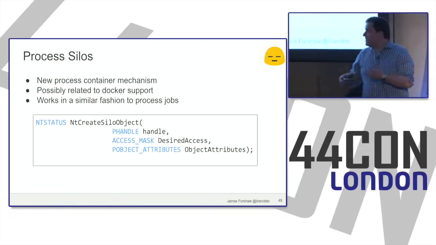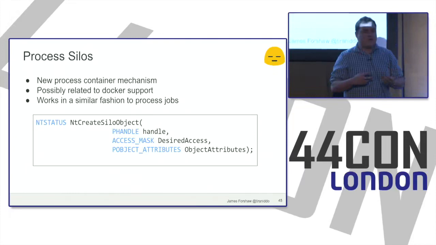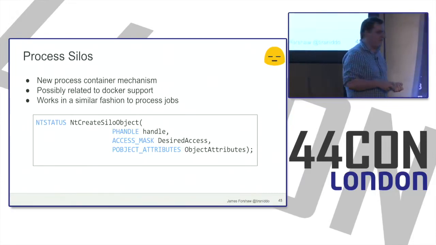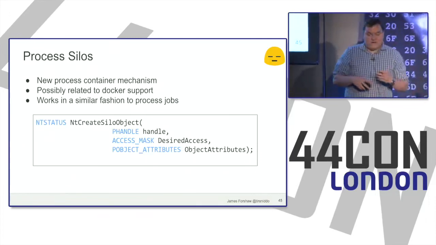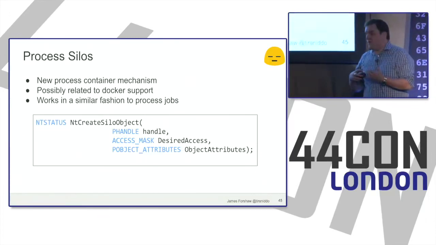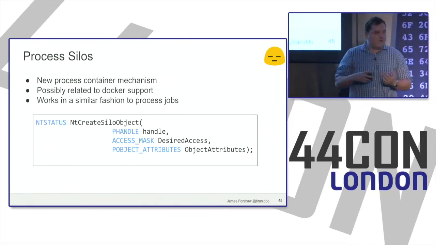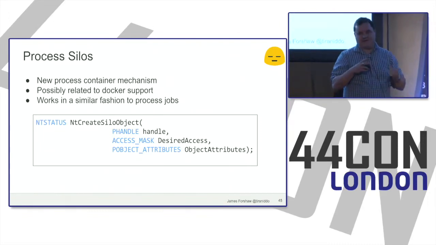Now I'm basically coming up to the end, but this last major bit is about the dangers of trying to do security research on pre-release versions of operating systems, or pre-release software in general. So Windows 10 has a new Windows object type called Silo. And Silo turns out to be some sort of special new container mechanism. It might be for its Docker support.